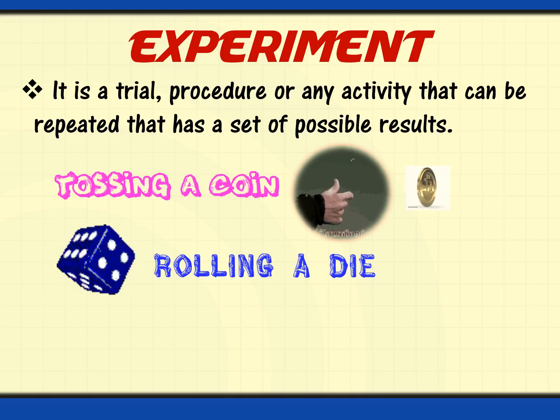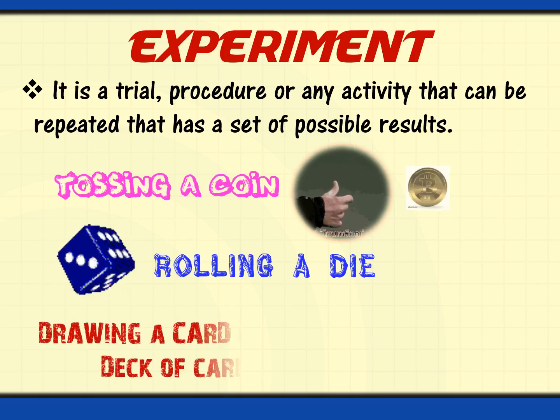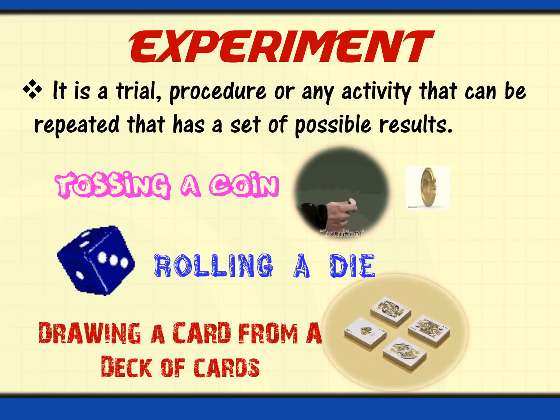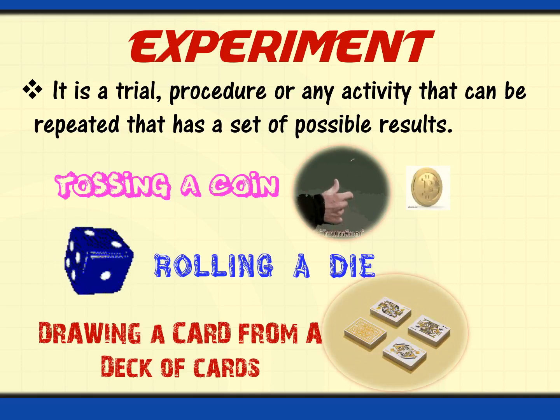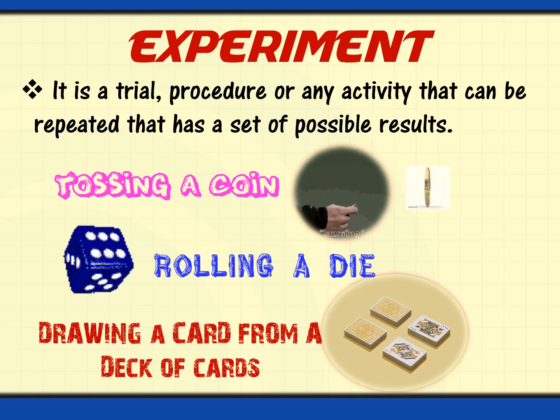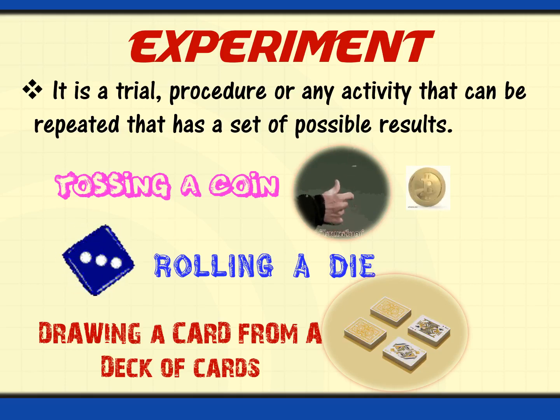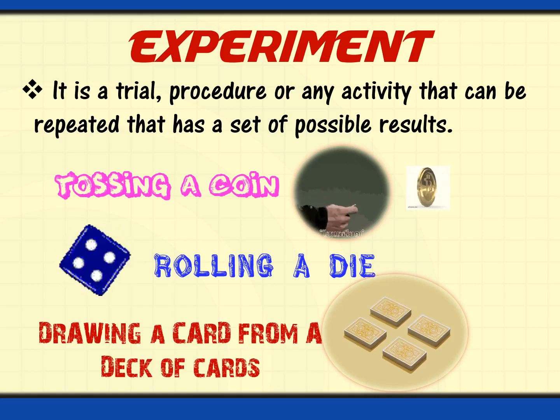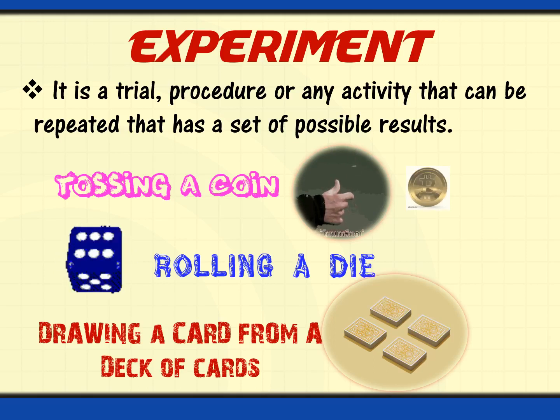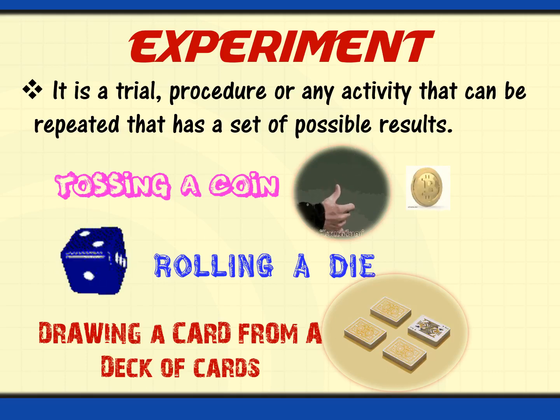Another experiment in mathematics is drawing a card from a deck of cards. So there are 52 pieces in a deck of cards, and we have 4 designs. We have the color red for heart and diamond, and for the black we have the flower and the cup, or the flower and the club, or the spade.